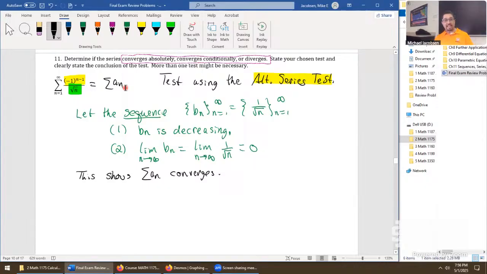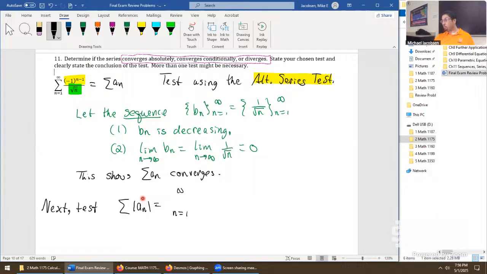That means we go back to an and we look into this. So next, test summation absolute value of an. This is a whole different series. Well, it's based on the original one, but it is not the same. If it converges here, it may converge here or diverge. That's what we're going to take a look into next.